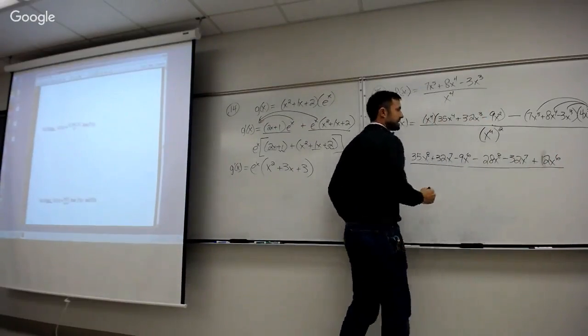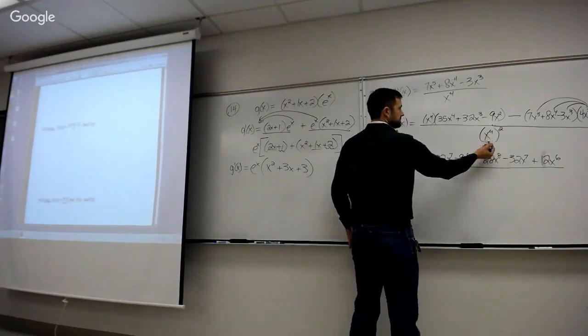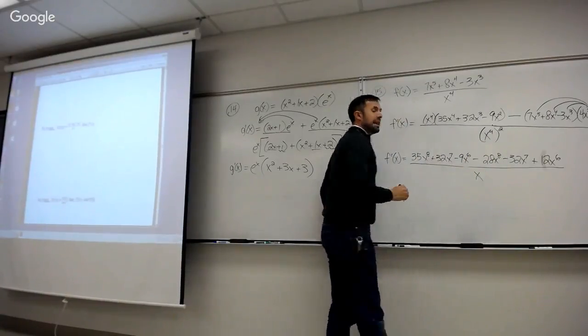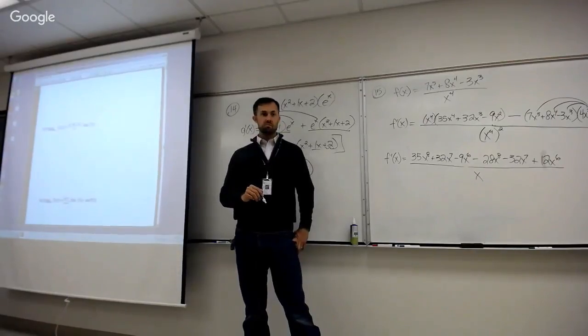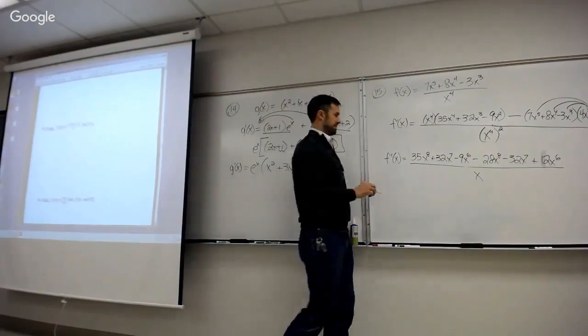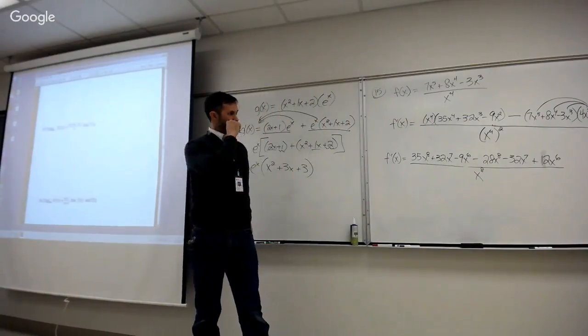All over, what's x to the 4th to the 2? It's to the 8th. When you raise an exponent to an exponent, you multiply.